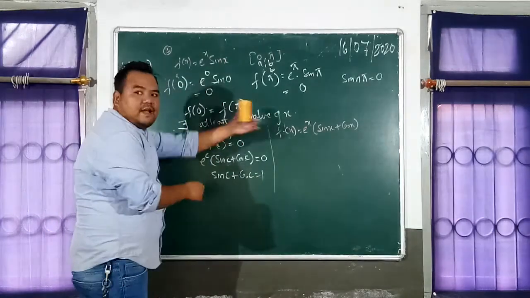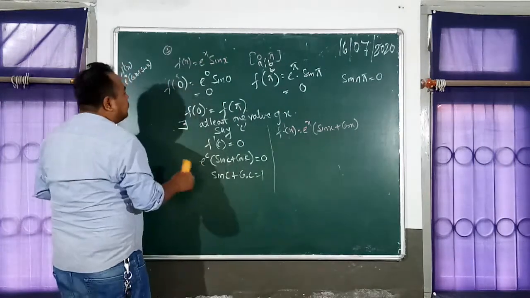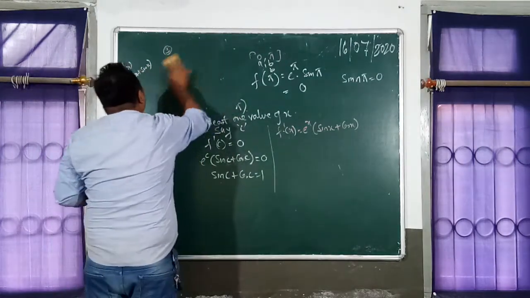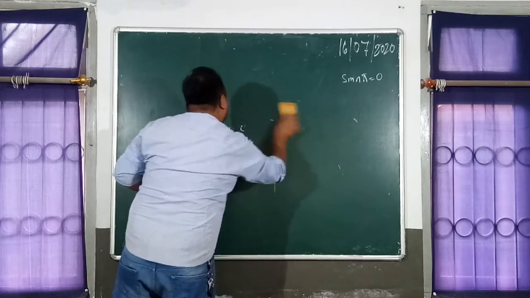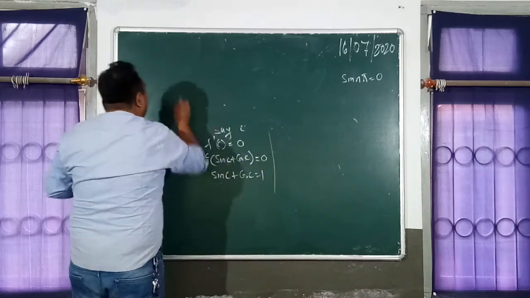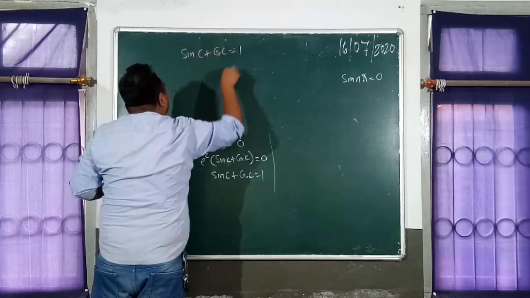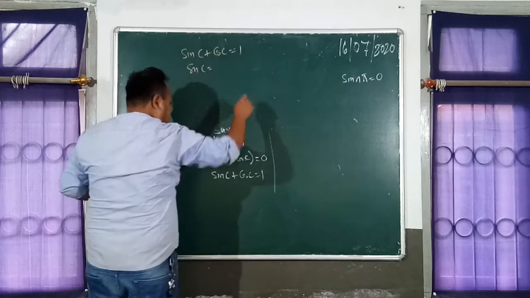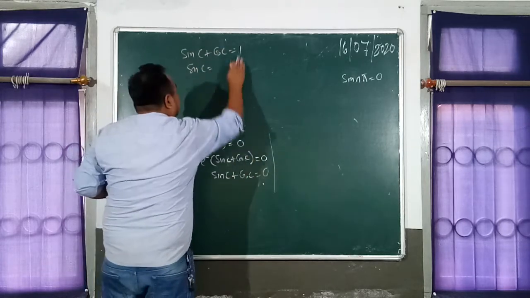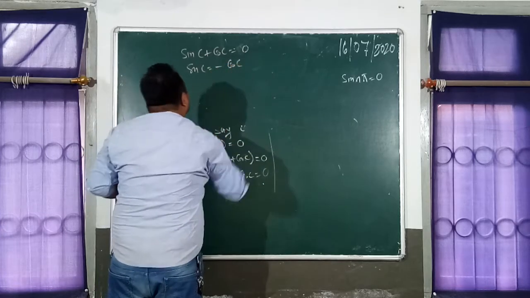Now using this value, I need to get the value of c. This is how it is to be done. Just see. So you got sin c plus cos c equal to 0. So you got sin c equal to minus cos c.